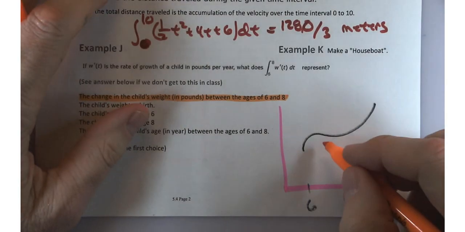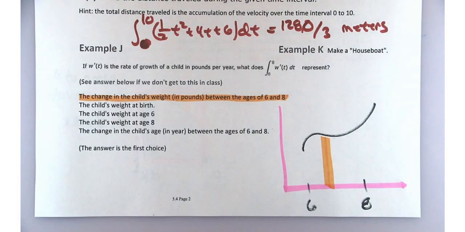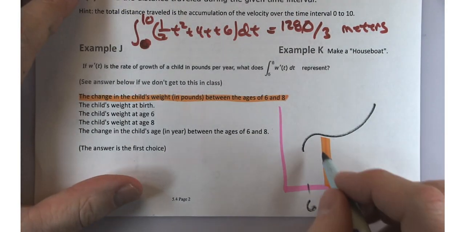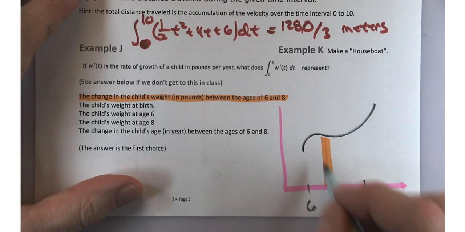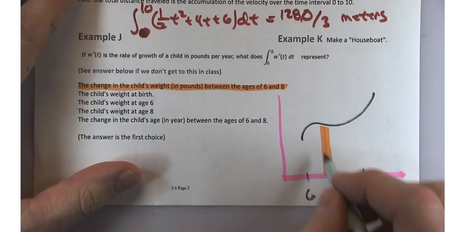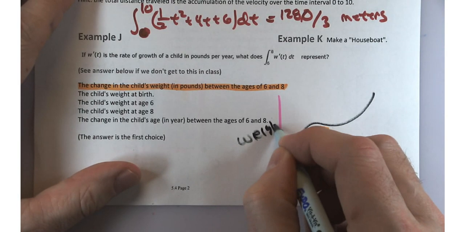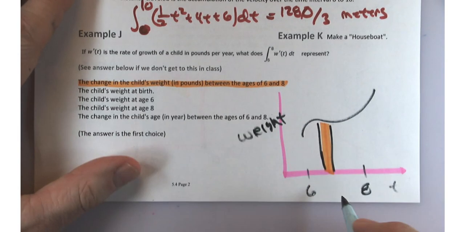Let's just draw a little slice here. Slow down. I was like, did they get shorter? They would actually be losing a little weight there. So this is your time. This is the weight. So this little piece right here, we'll call it dt.